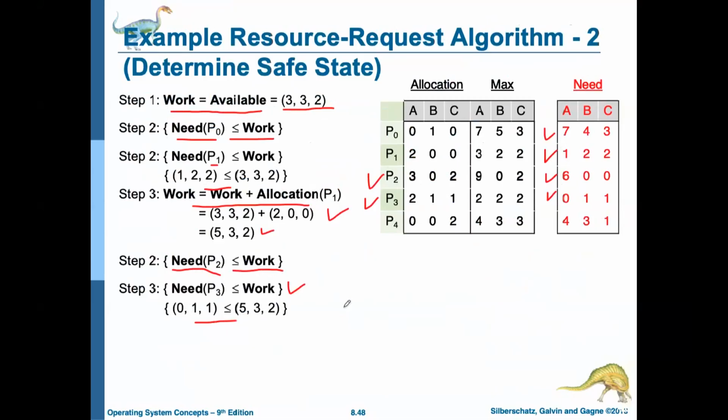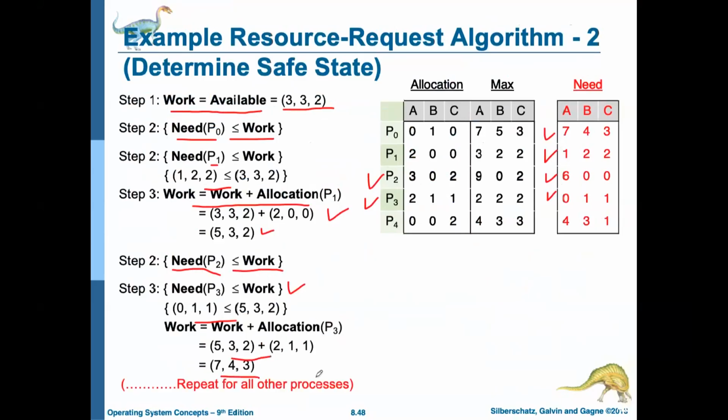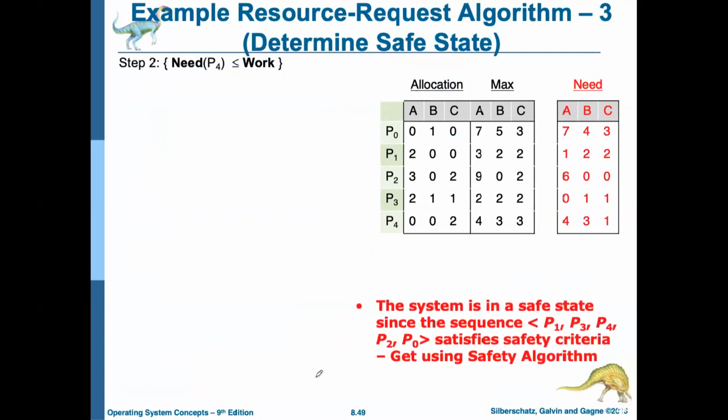Since it is yes, we allocate, and when we allocate, we increase the value. This is the current value of work. Then we repeat for the other processes similarly, as we did before. Next, step 2 at P4: where is P4's need?